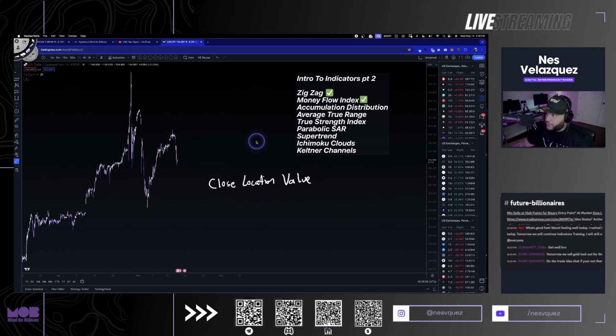So the close location value for the accumulation distribution tool is as follows. This is the formula for that.